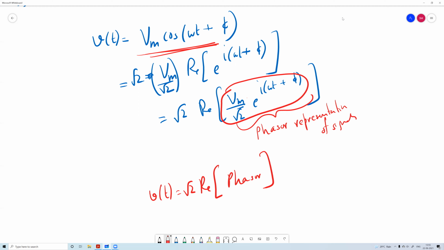How does it make our calculation much easier? Suppose I have a phasor V, that is Vm by root 2 e to the power of i(omega t plus phi). What is dV by dt?